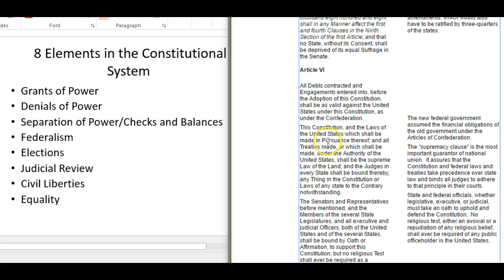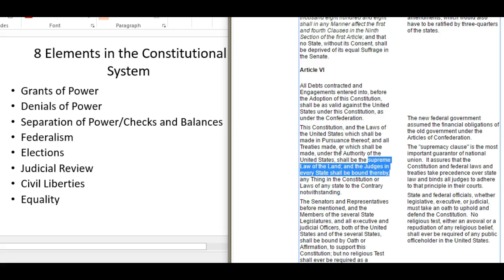The most important thing in Article 6 is this clause right here that we call the Supremacy Clause. The Constitution and the laws made in pursuance of the Constitution are the supreme law of the land, and judges in every state shall be bound thereby.